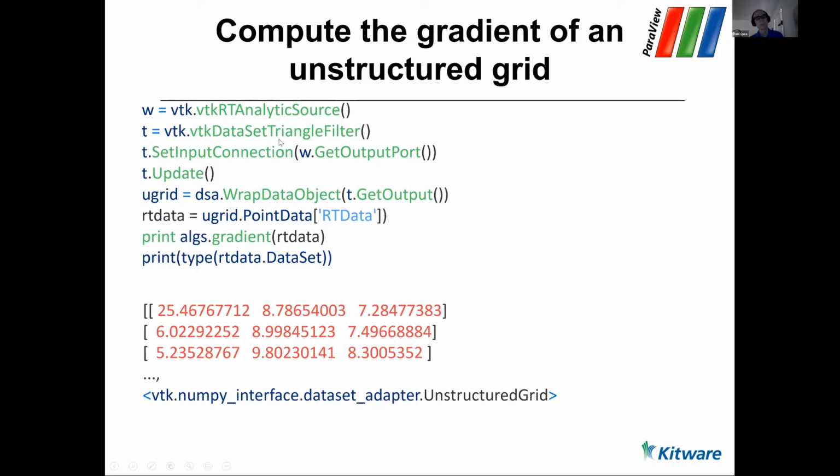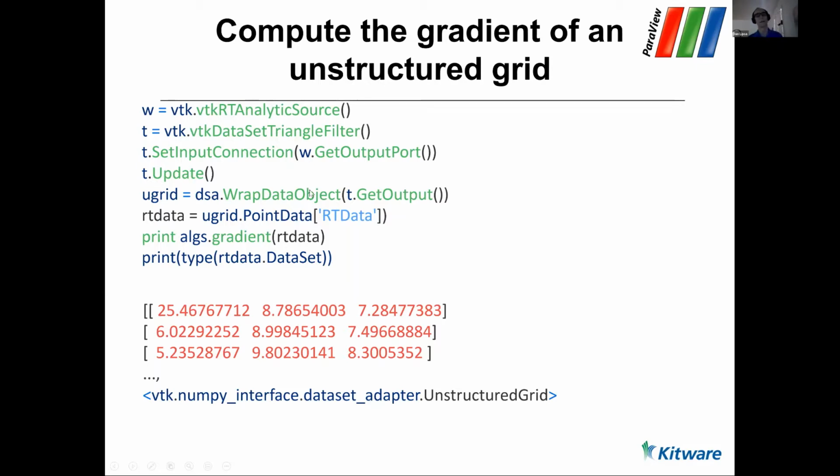And then we transform that image data into an unstructured grid. This is what the triangle filter does. We do the connection, so we create a pipeline. Here we just create the objects and connect the pipeline. The actual processing happens when we call update.